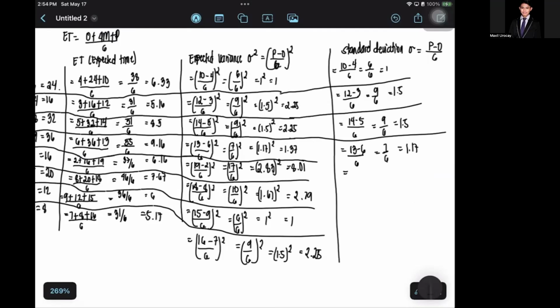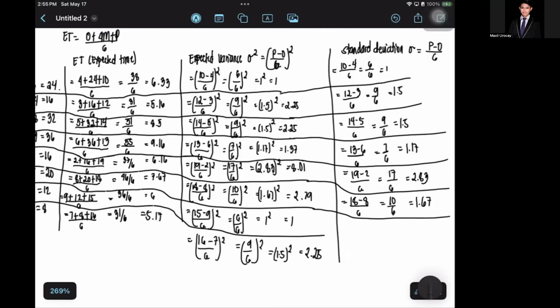Then 19 minus 2 over 6 will become 17 divided by 6, and that will equate to 2.83. Then 18 minus 8 divided by 6 is 10 divided by 6, which equals 1.67.